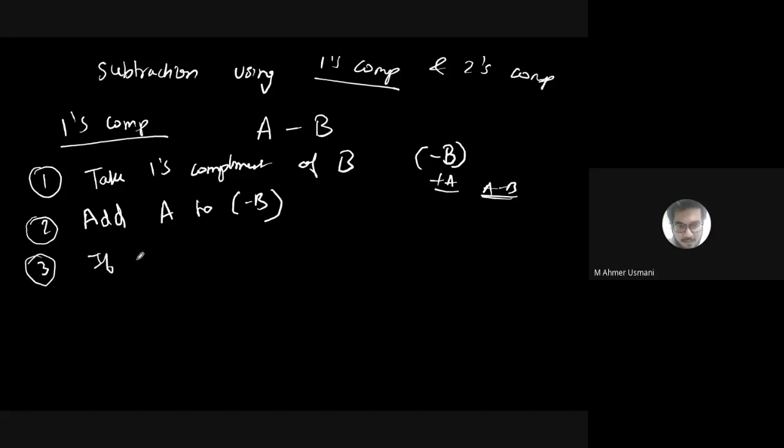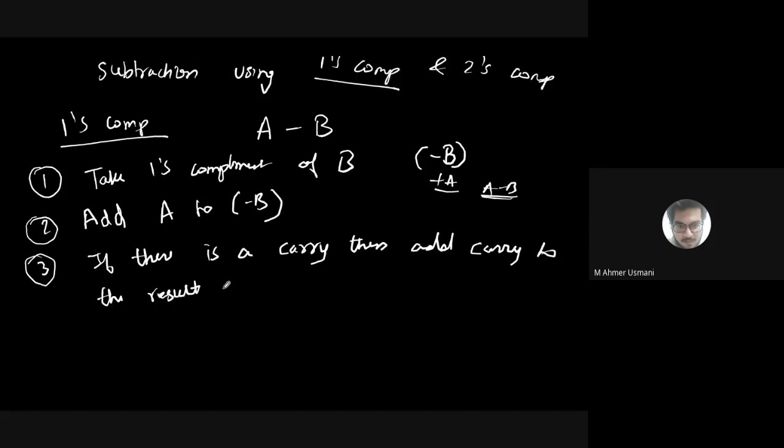Step number 3. If there is a carry, there can be a carry generated, right? If there is a carry, then add the carry to the result. अगर carry आया तो वही carry को result में वापस add कर दोगे.